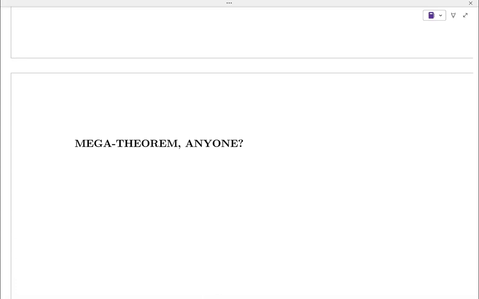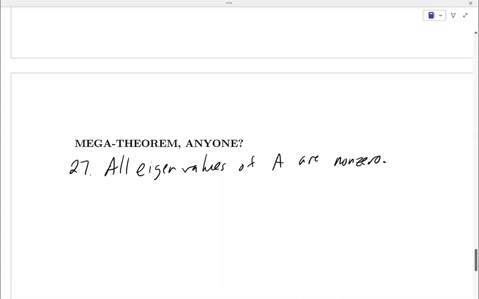Yeah, all the eigenvalues are non-zero. What number are we on? What is it? 27? Yeah. So 27, all the eigenvalues of A are non-zero. Lots of things being equivalent to a matrix being invertible. Might be something you want to think about paying attention to for the final.